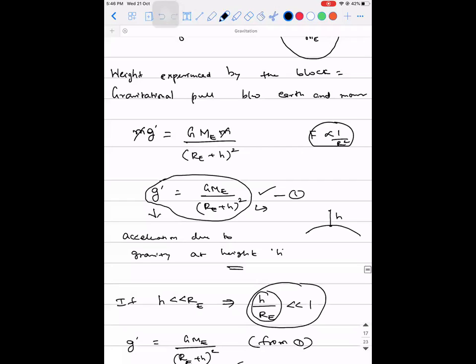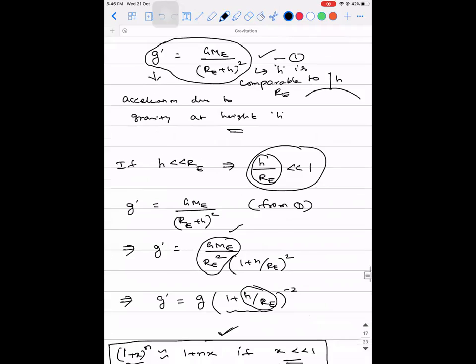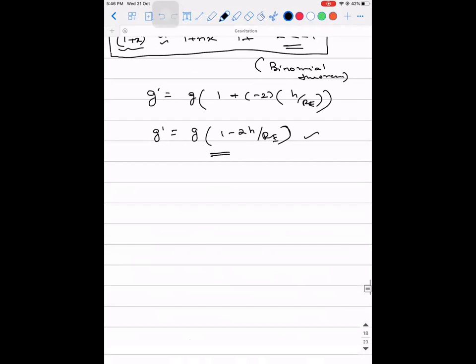You use one when H is comparable to RE. When H has a comparable value with RE, we use it. Here, you will use this formula when H is very much less than RE. Okay. So I'll just give you two example problems to understand when to use what.